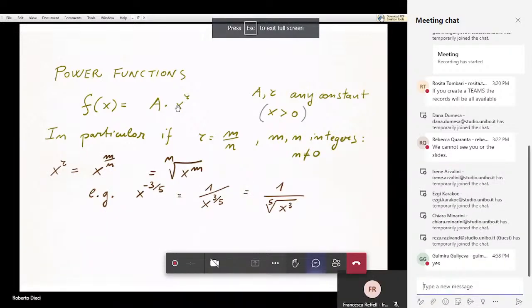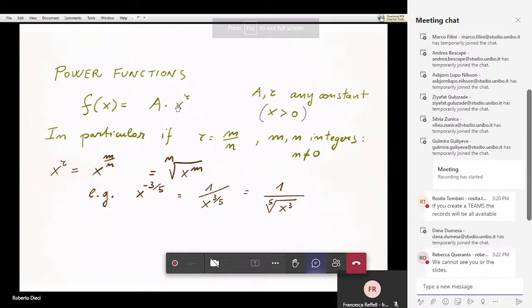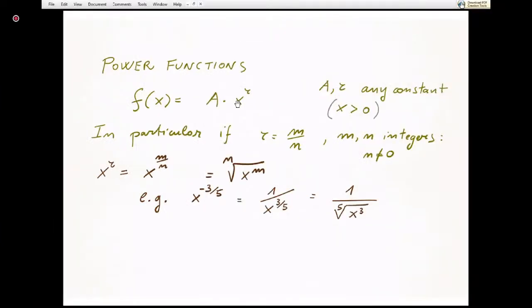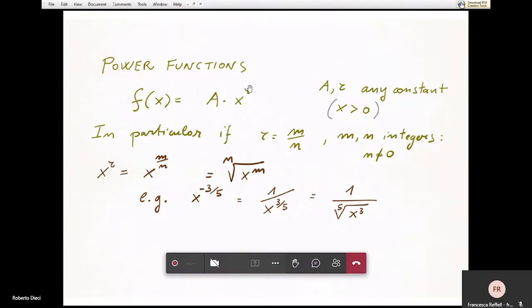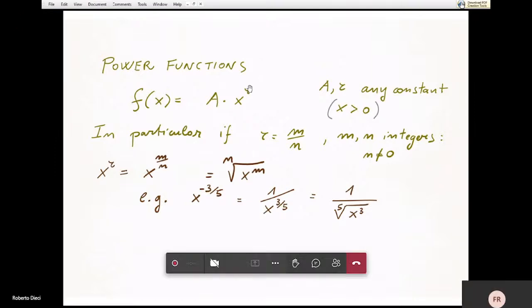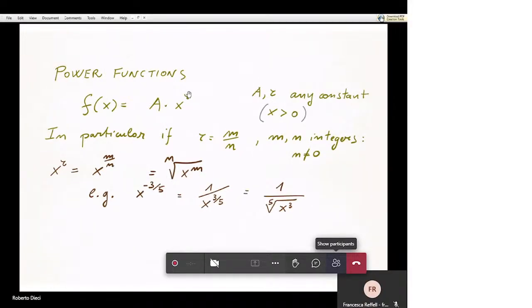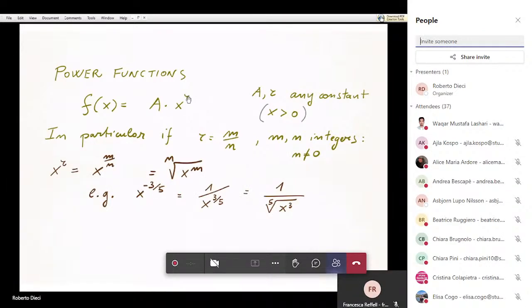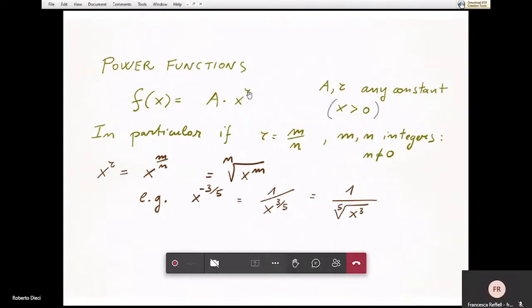Of course, r can be any constant, any real number. Clearly, if r is 2, it is x squared, and in principle x could also be negative. But if r, for instance, is minus 1, then it is A divided by x.